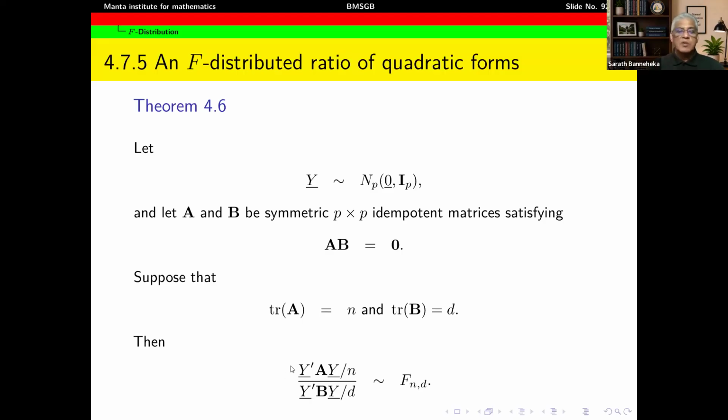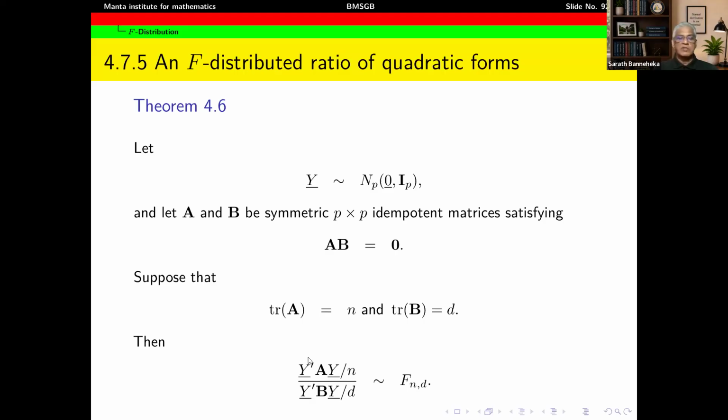Why is that? Because this y dash A y is a quadratic form, and that has a chi-square distribution with n degrees of freedom when A is a symmetric p by p idempotent matrix and y is multivariate standard normal. So we have already learned about that under the multivariate normal distribution.